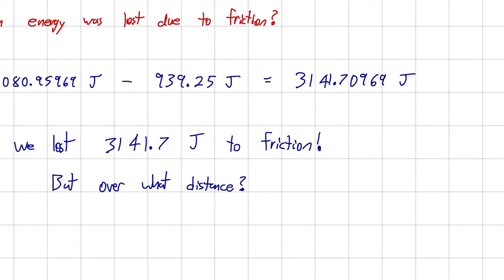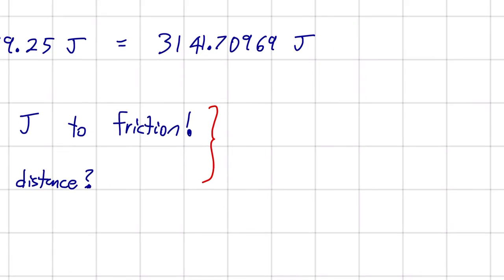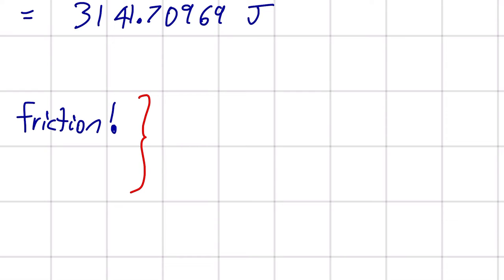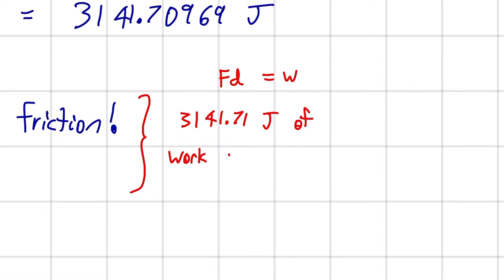Okay, so from this, we know that we lost a certain amount of energy to friction over a certain distance. That means that work was done. Force times the distance is equal to work. So 3,141.71 joules of work was done by friction.